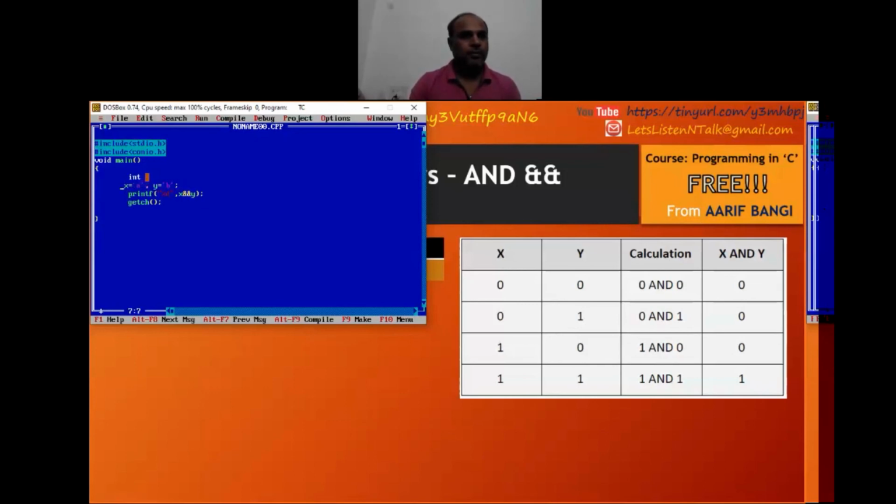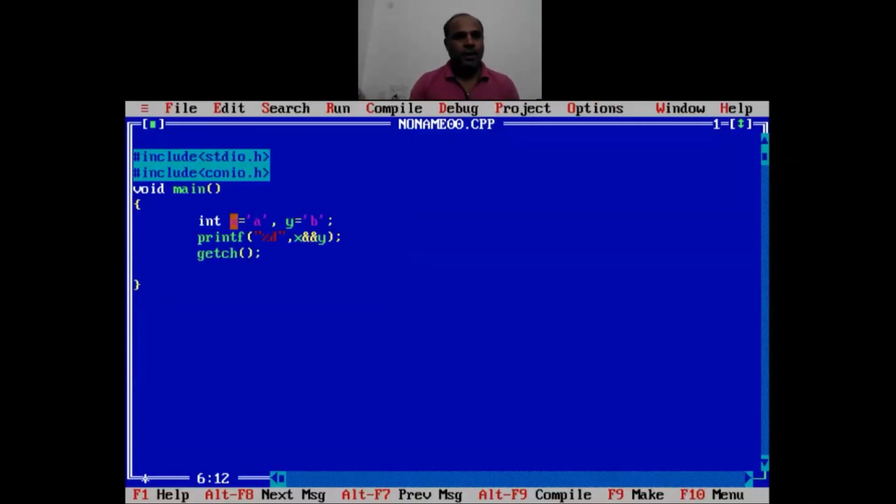If I change this, x equal to 0, 1. Now what will be the answer?